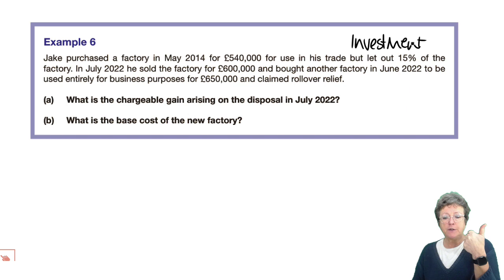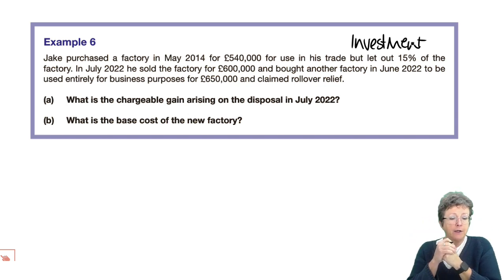Assets used in the business, yes, they were, but the old one, only 85% of it. They are business assets. They are used in his trade. He did buy them in the correct window, the 1 year before and the 3 years after. And he did reinvest all the proceeds.